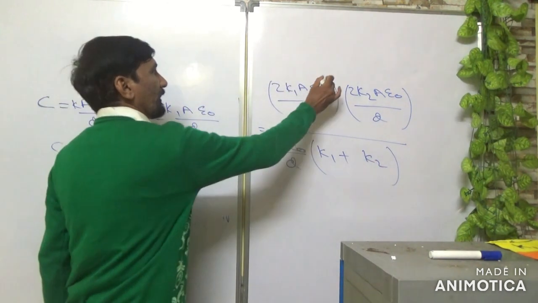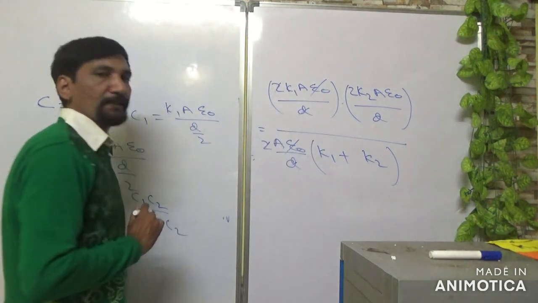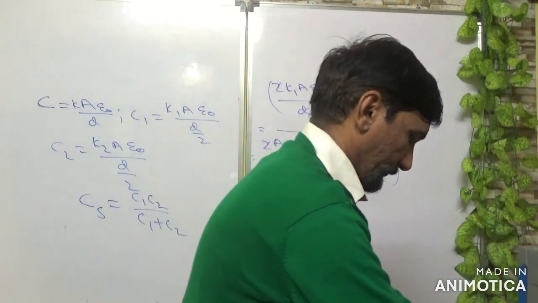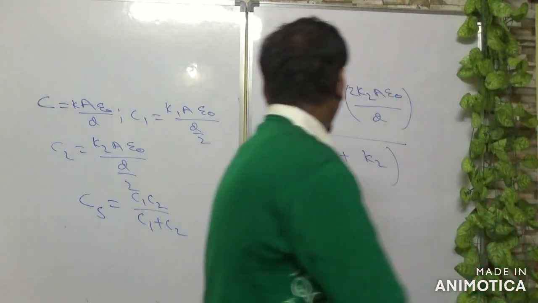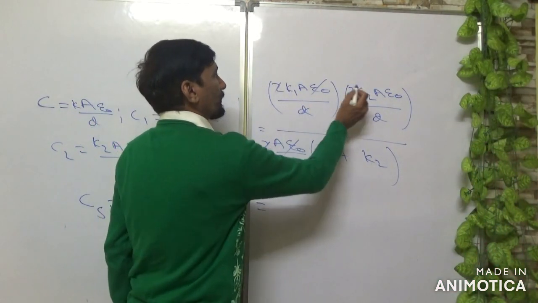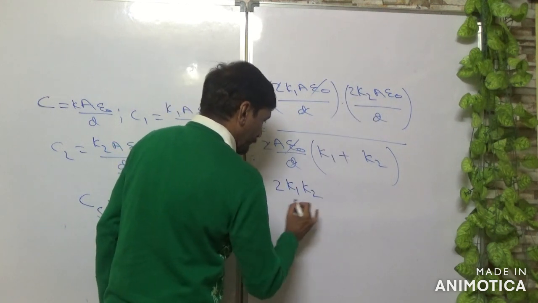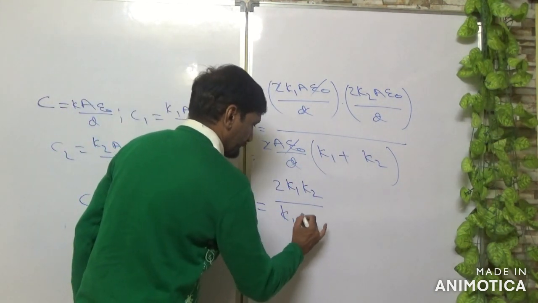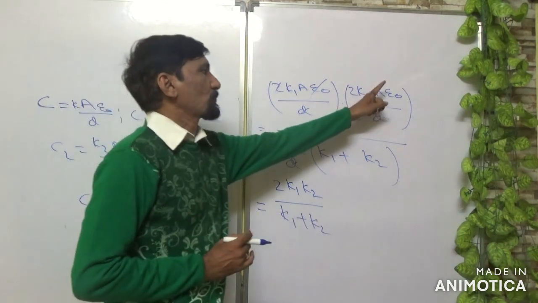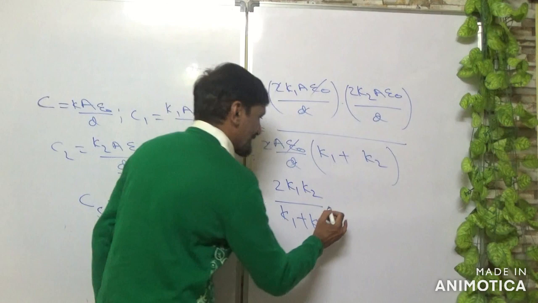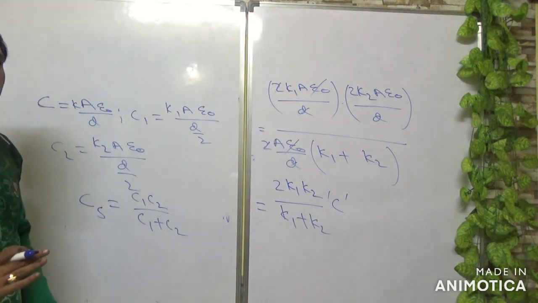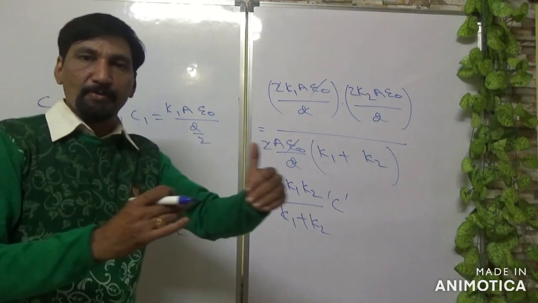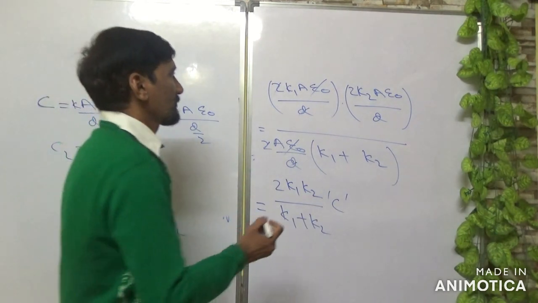A epsilon naught by D and the 2 cancel, so you get 2 K1 K2 by K1 plus K2, into A epsilon naught by D which is left, that can be taken as C, that is when there is only air as the dielectric between the plates.